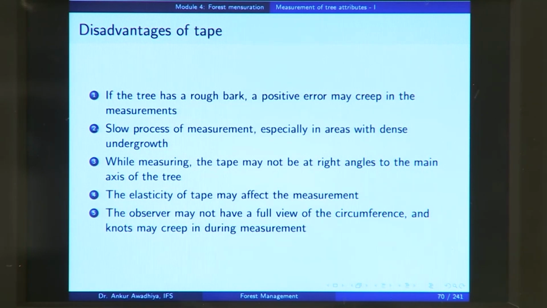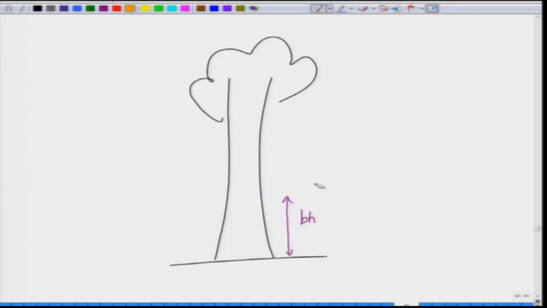Whereas, in the case of a tape, it is possible that you started taking a reading at breast height, and probably your tape sagged like this, and then because you are unable to see this point, it is possible that your tape may not be at right angles or may have sagged in certain locations. So, you can have a reading that is taken like this, because you can only measure.